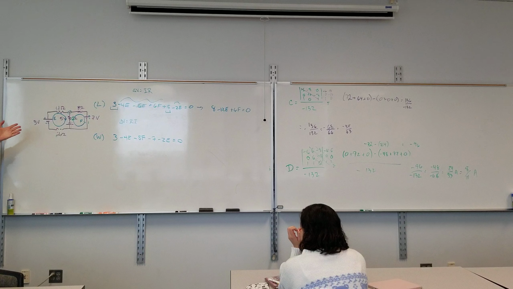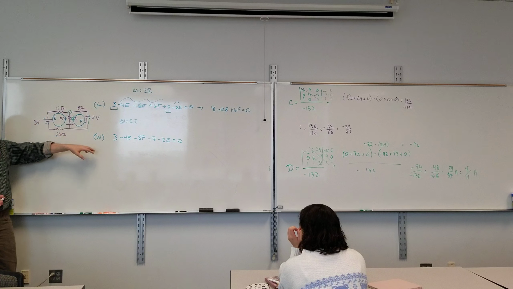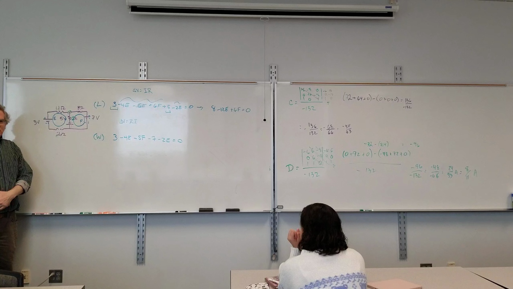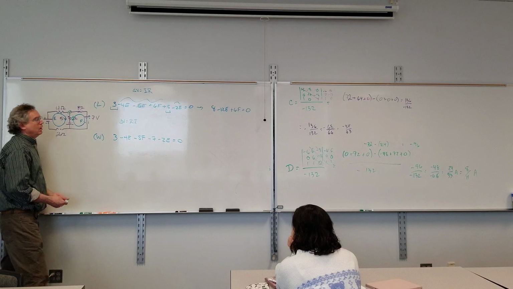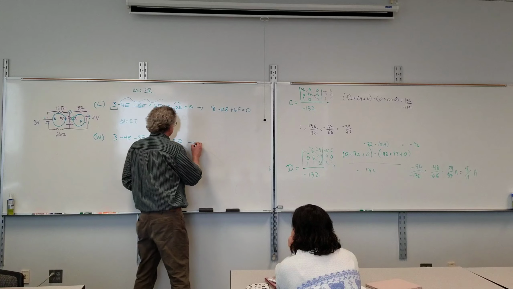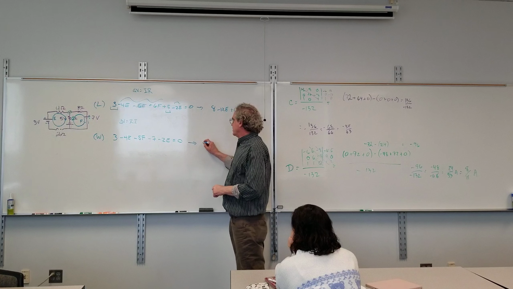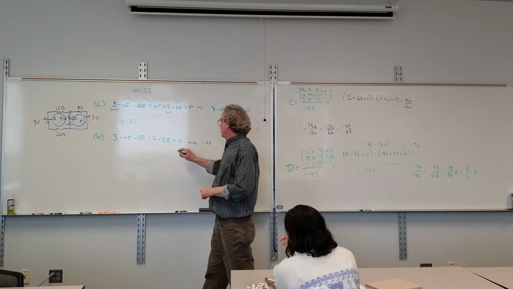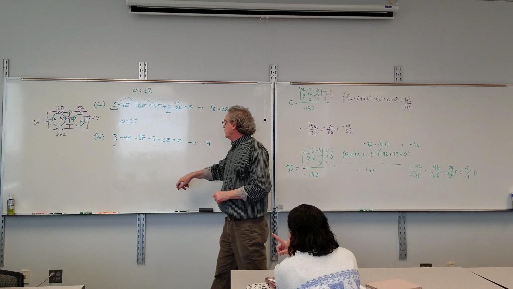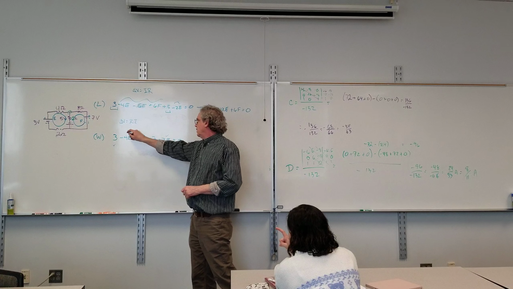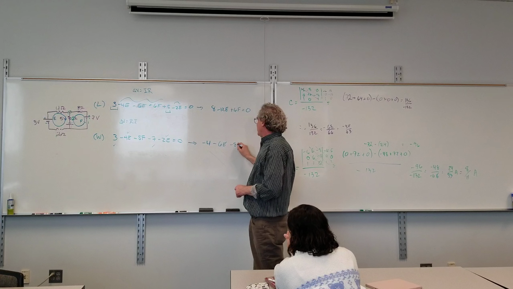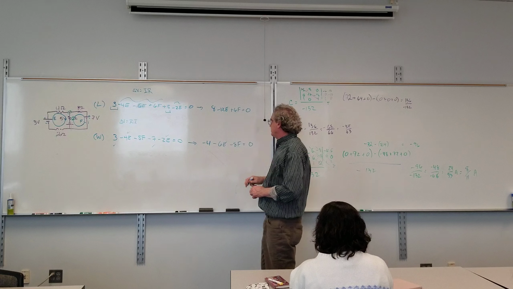What I'm hoping is you're working your way through it and seeing how, yes, this makes sense. Then we'll simplify. I got 3 minus 7, so I got -4, that takes care of those two. E minus 6E minus 8F equals 0.